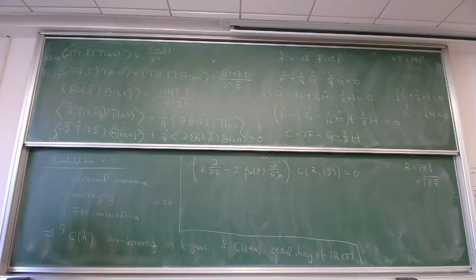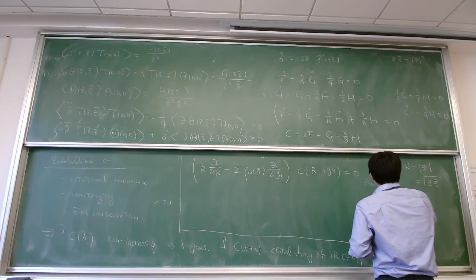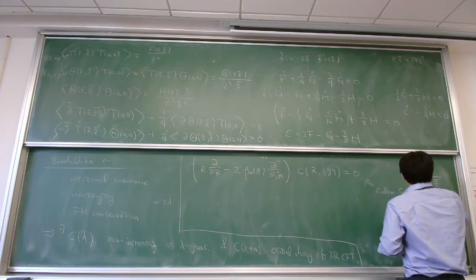So this derivation, I haven't written very carefully. The C function appearing here is defined this way. Let's, for timing, accept it. So this is the Callan-Symanzik equation. I will explain that more carefully next time.